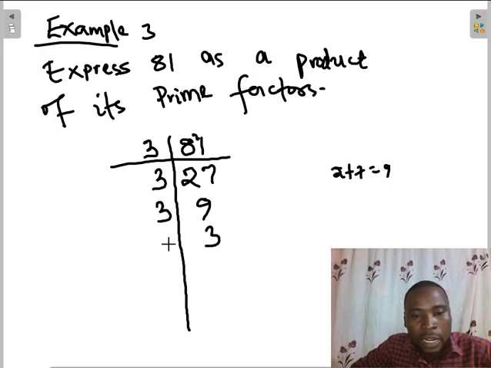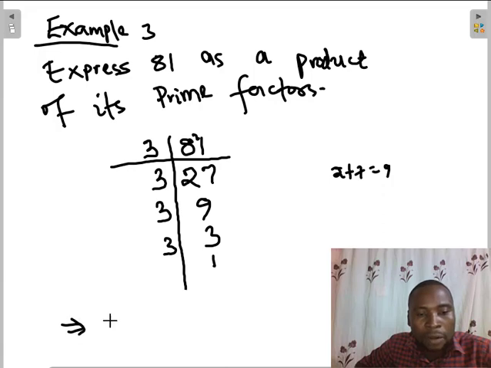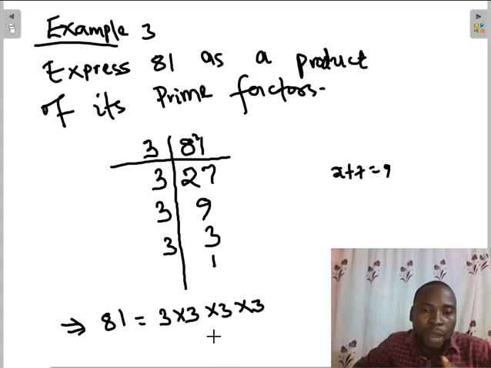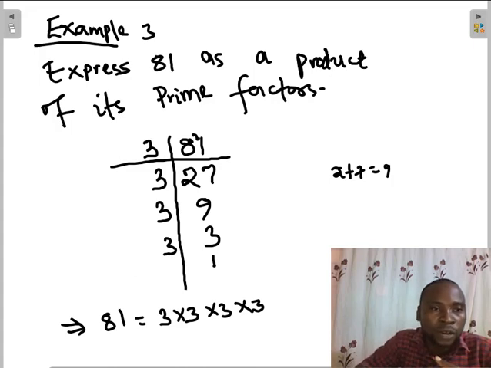That gives us 3. And 3 into 3 gives us 1. This is great. It means that we can write 81 as 3 times 3 times 3 times 3. So we're able to express 81 as a product of its prime factors. So this is what we call prime factorization.